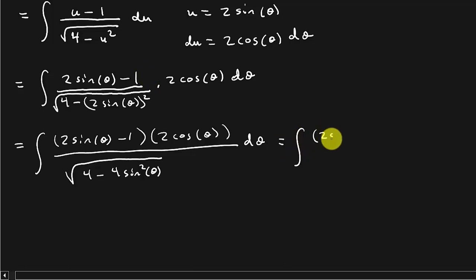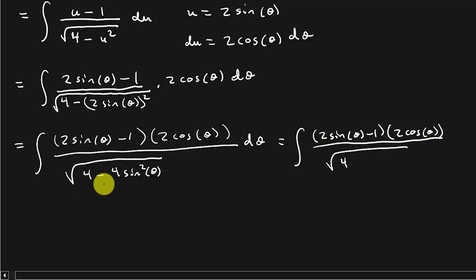And so that's going to be the integral of 2 sine theta minus 1 times 2 cosine theta over, now remember, I factor out the 4, and that's 1 minus sine squared. What's 1 minus sine squared?